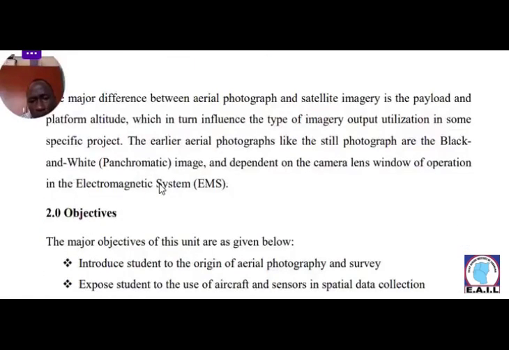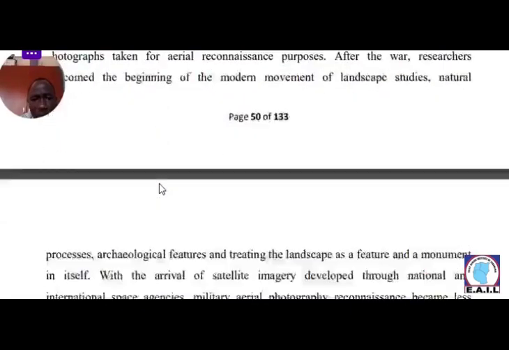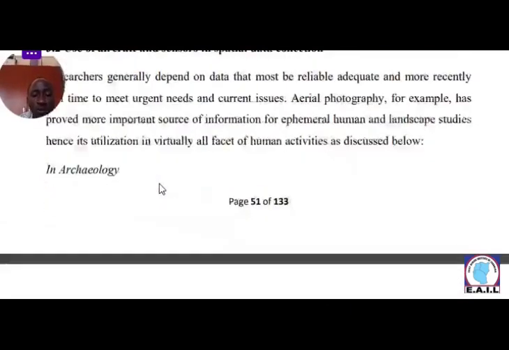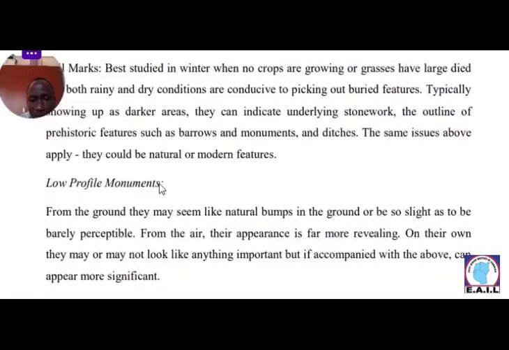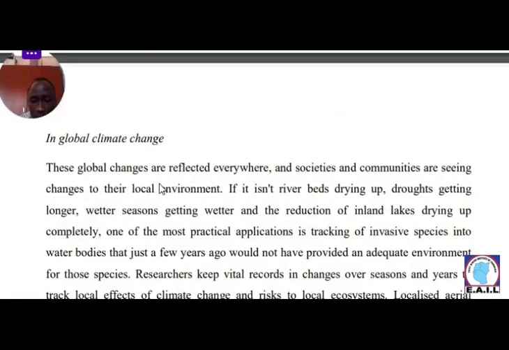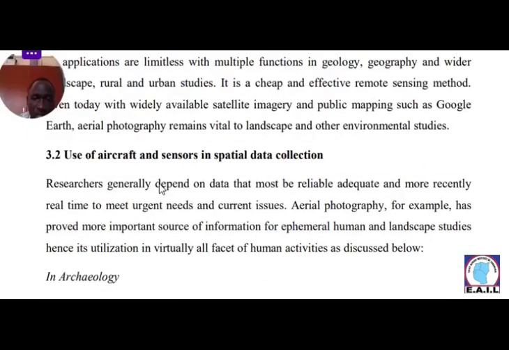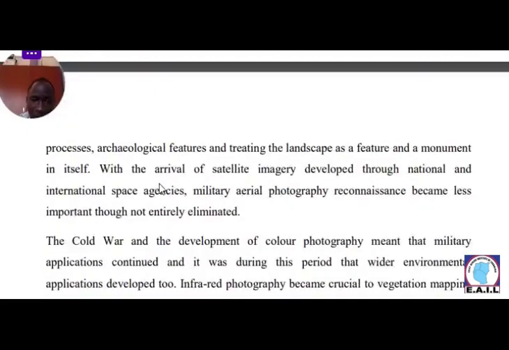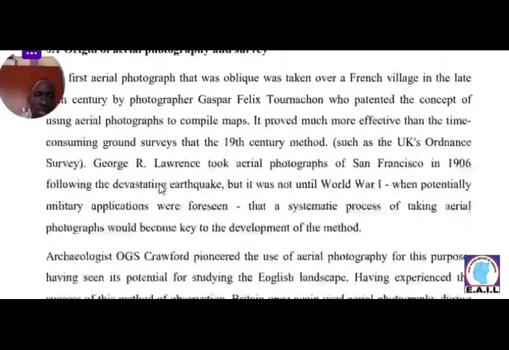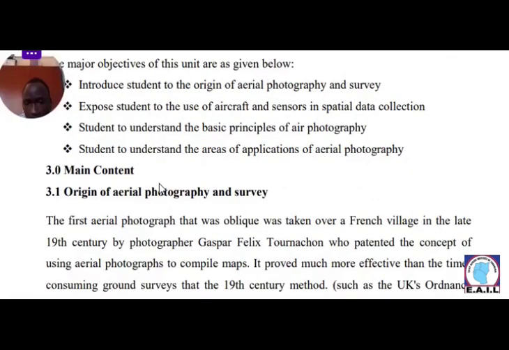Now when we push and look at the intro, they are talking about the aerial photographs. We are going to be seeing that there are people who came with the knowledge of drawing sketches of the landscape using the airplane.